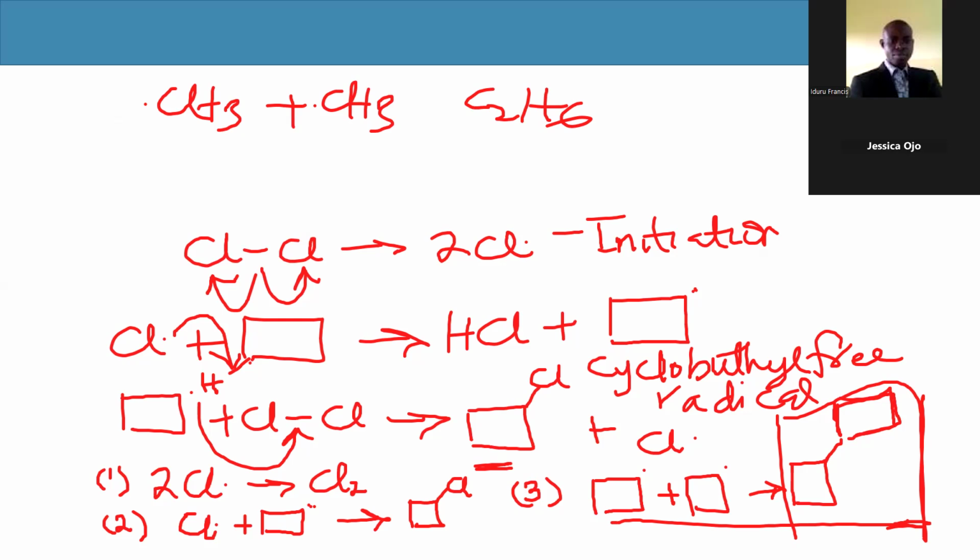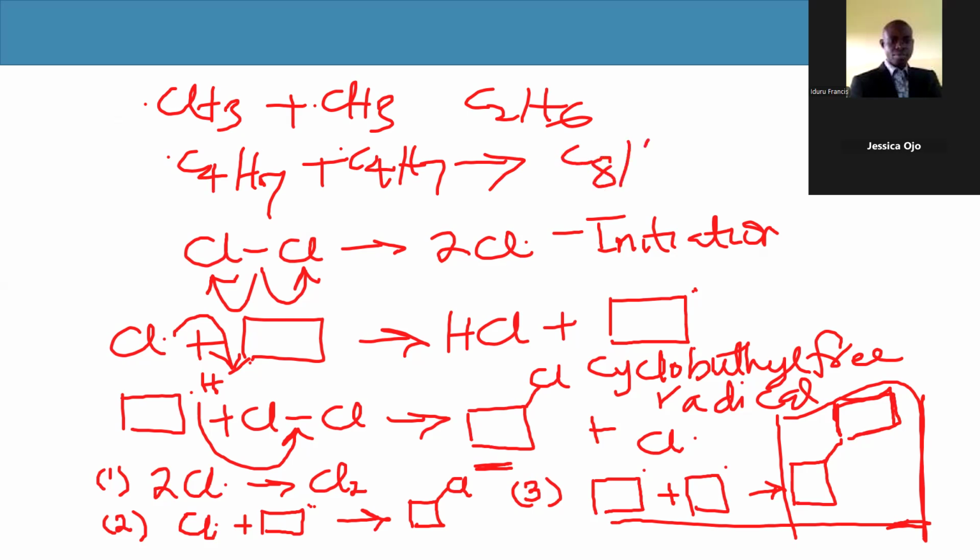See, this is 1, 2, 3, 4 carbons, that's C4H7 dot plus C4H7 dot. So we're going to have C8H14. Is that what we're saying? Yeah, that's what I was saying.